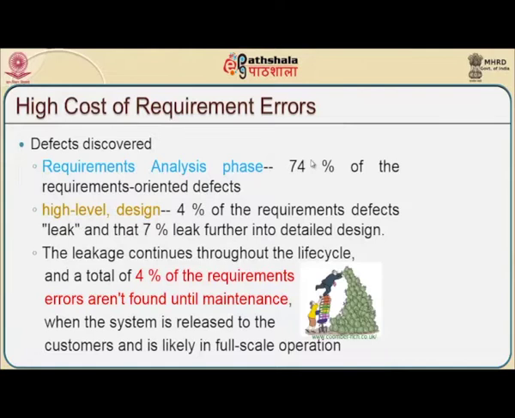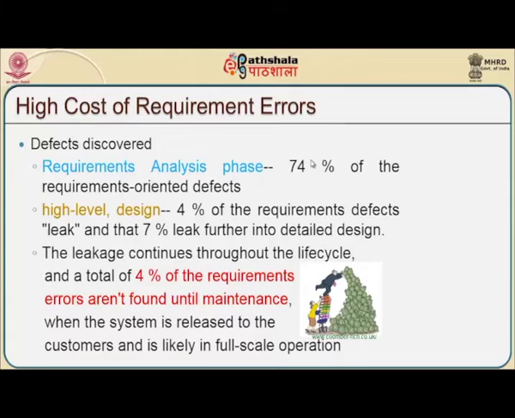Since requirements happen early in the cycle of software development, when there is a change of requirements and any traceability needs to be done in terms of defects, the cost of development becomes high, because we are coming back through the entire loop starting from the beginning. So there might be a high cost of requirement errors.